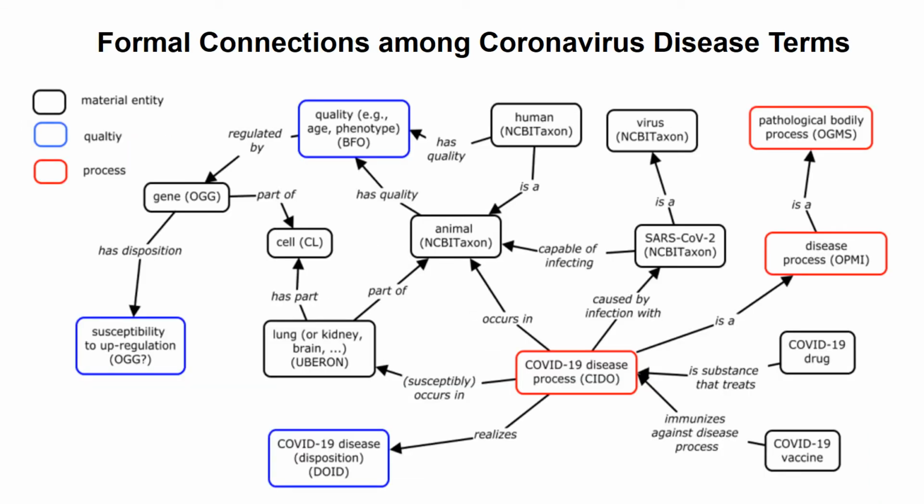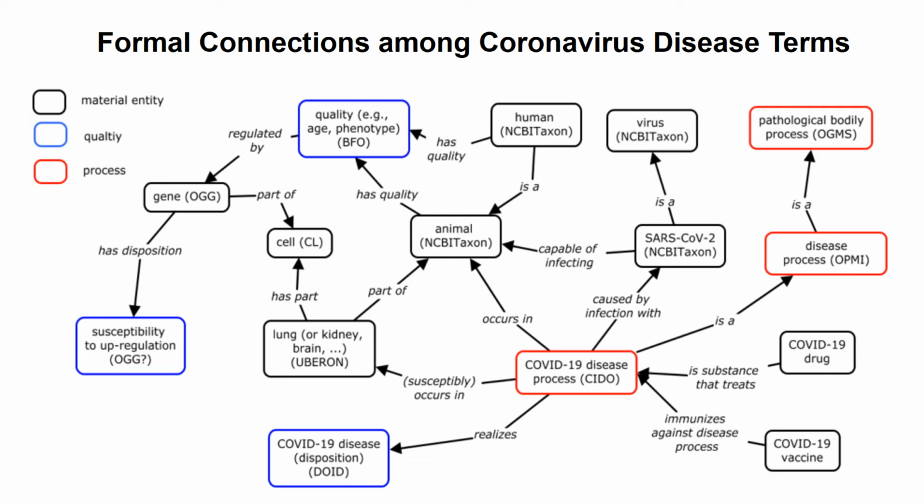So this figure demonstrates how different coronavirus disease terms are linked together. In CIDO, we generate a term called COVID-19 disease process. This is a process which realizes COVID-19 disease disposition. With the disease as a process, we can also indicate where it occurs, like lung or in the animal, and it's caused by the infection of the virus.